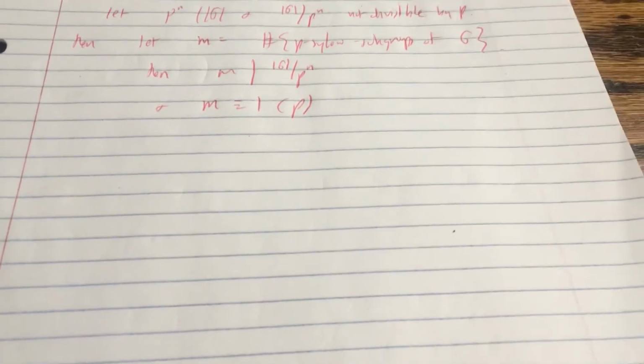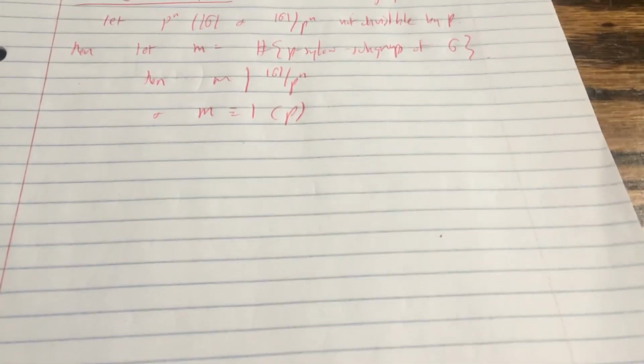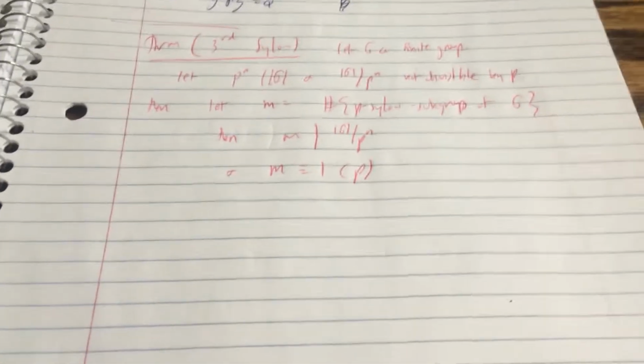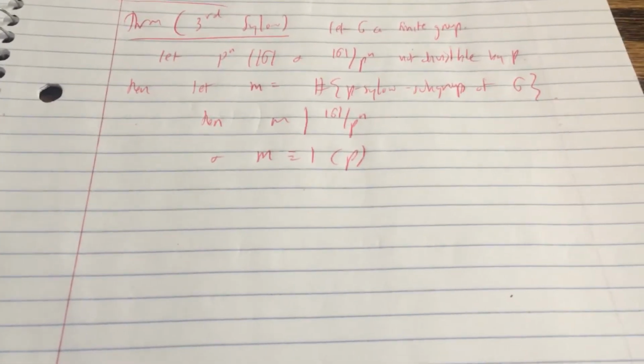So this places a bunch of restrictions. We'll do some examples after we prove the theorem. But if you think about it for a minute, if you know the order of G, this places a bunch of restrictions on what m can look like. So in particular, you can figure out how many p-Sylow subgroups there are in a lot of cases. It's a cool theorem. All right, so let's prove it.